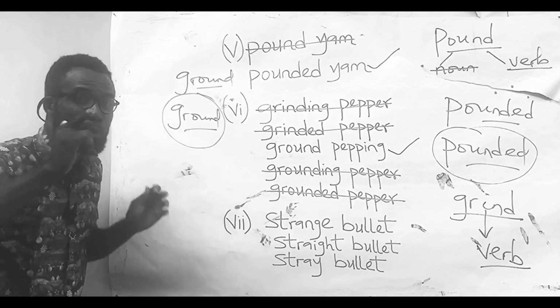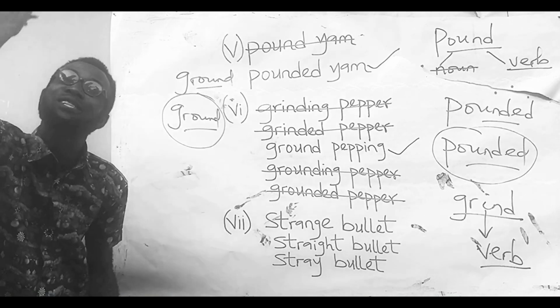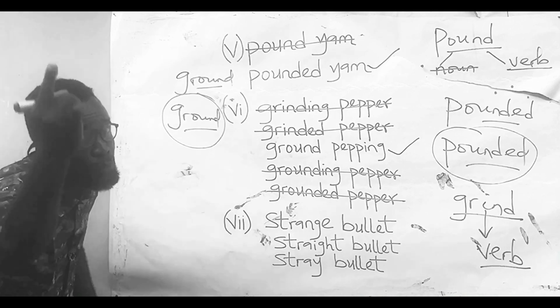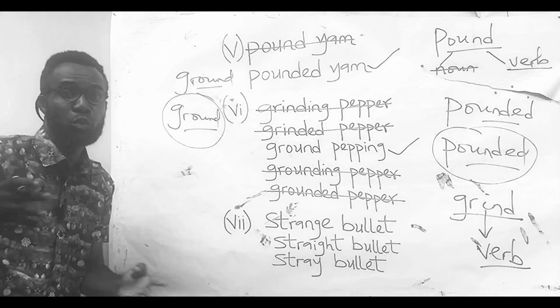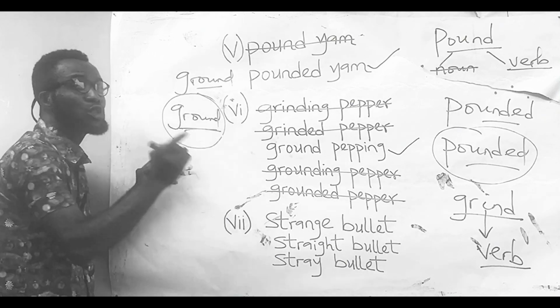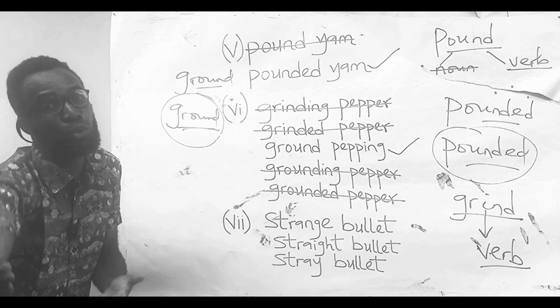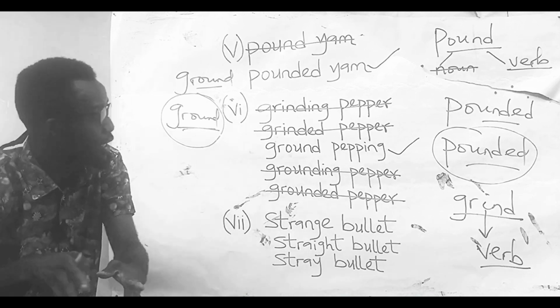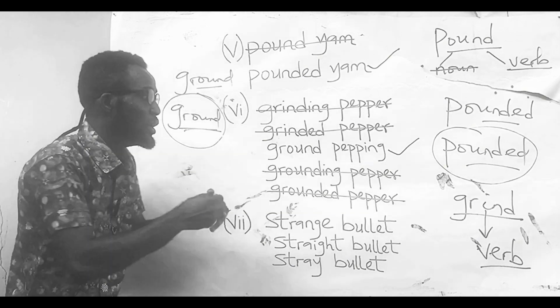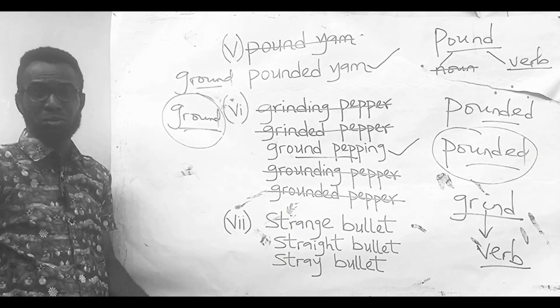If you are using a verbal word adjectively, you are expected to use the past participle. And you will agree with me that the past participle of grind is ground. That is why pepper that has been reduced to small particles or powder by crushing it is called ground pepper. I believe that is understood.